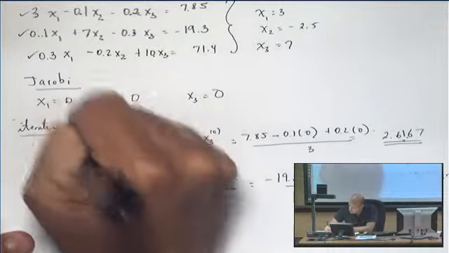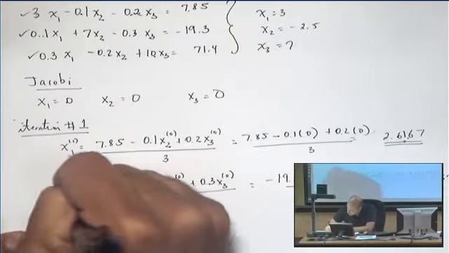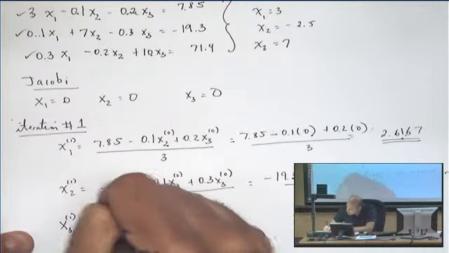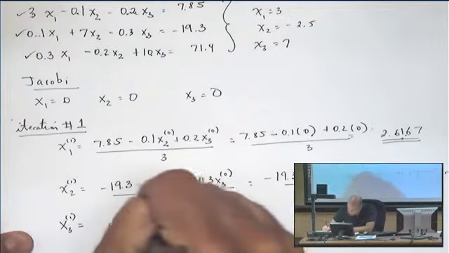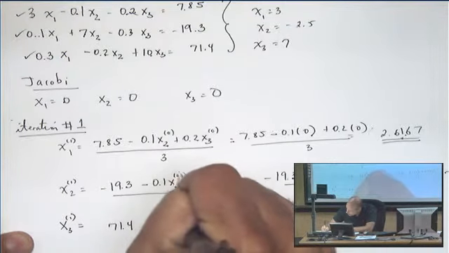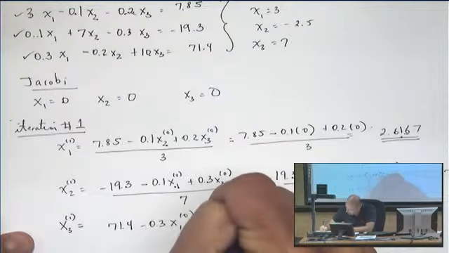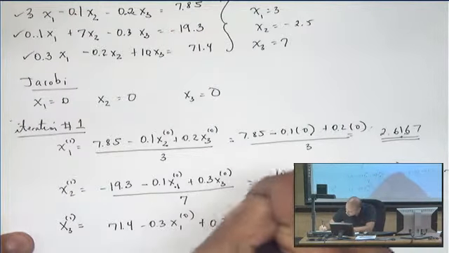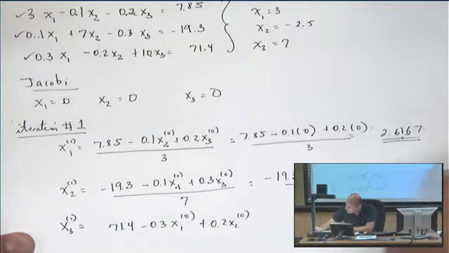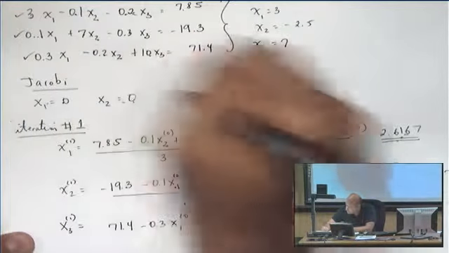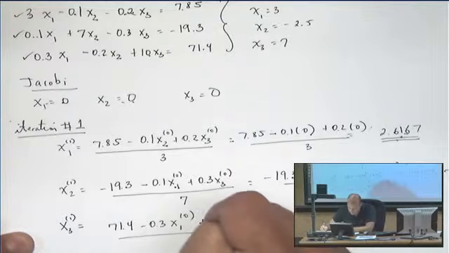And if I want, I can put my superscript 1 to say this is the first iteration. And it's the same deal, right? On this one, it's 71.4 minus 0.3, but x1 is still at the 0th iteration, so I don't use that, and I do not use that. I don't use either one of those. I just still use 0 and 0, divided by 10.